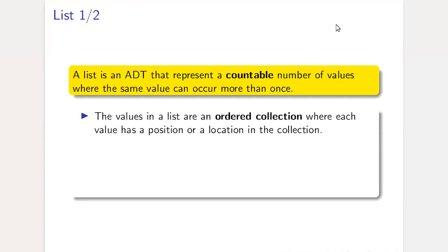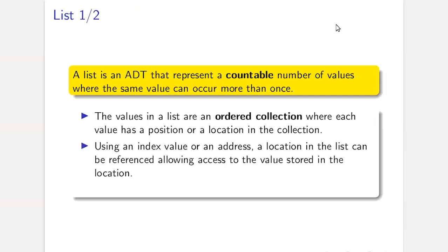So we can ask the question, what's the first value in the list? What's the last value in the list? And we can do that only because it is ordered. If there is no order, we can't talk about what's the first one and what's the last one. So essentially, every item in the list has a location or a position within that collection.